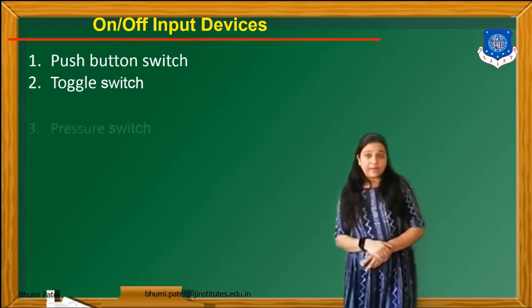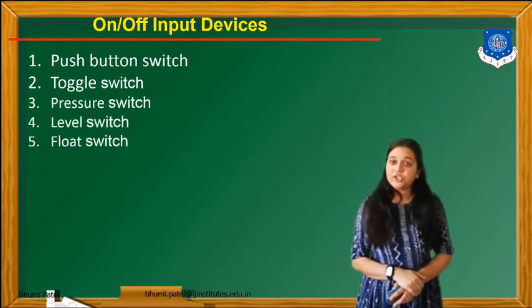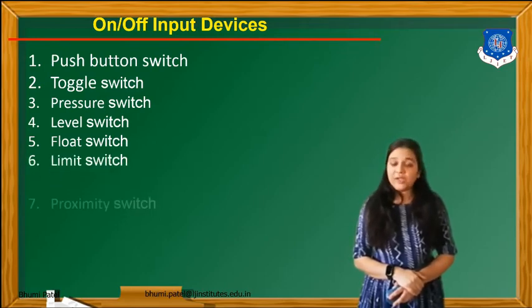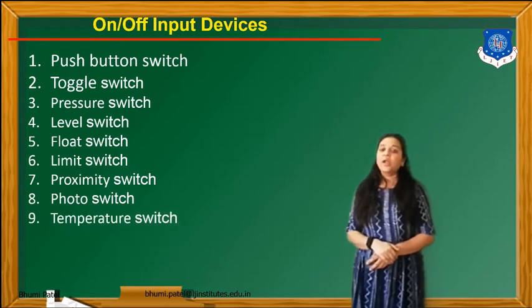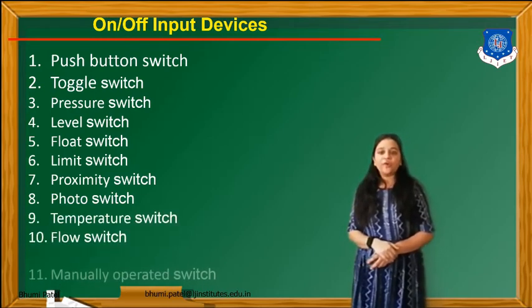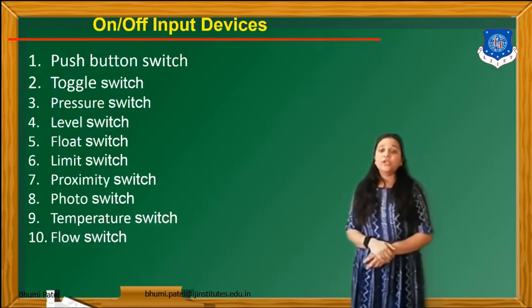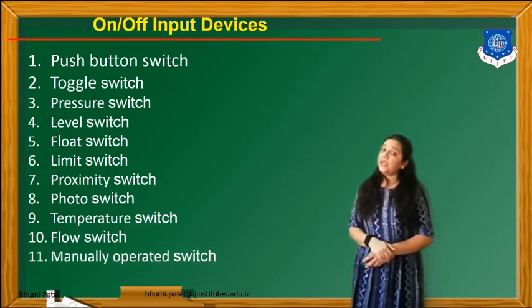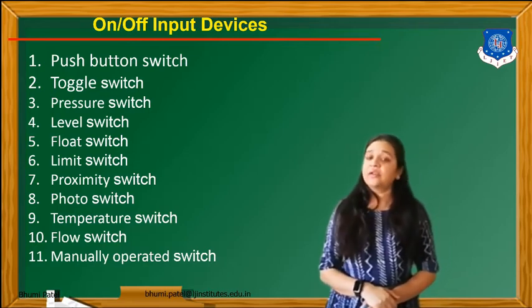Again you can connect the toggle switch, pressure switch, level switch, float switch, limit switch, proximity switch, photo switch, temperature switch, flow switch, and manually operated switch. Depending upon the requirement or the application, we can connect the switch.